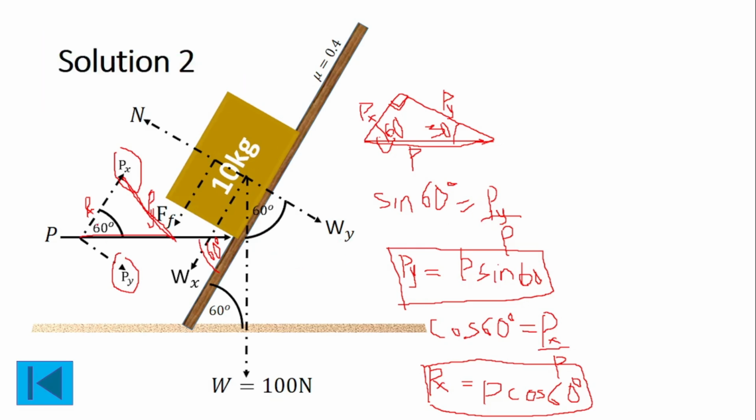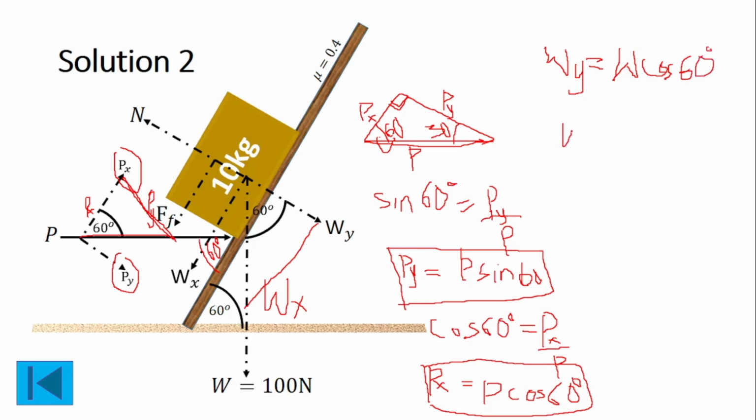So from here now, since we have gotten what P sub x is and what P sub y is, of course, normally we know that this is going to be the same thing as W sub x. So W sub y, from what we know before, will be equal to W cos 60 degrees because this is the vertical component.